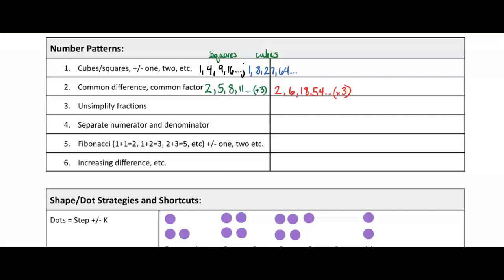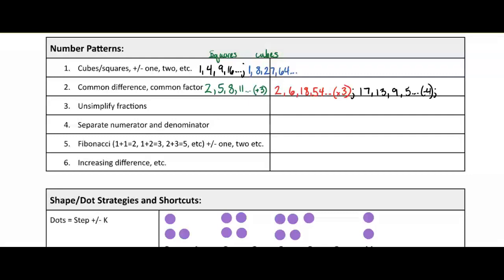They could also decrease. So I could have 17, 13, 9, 5. Subtracting 4, right?